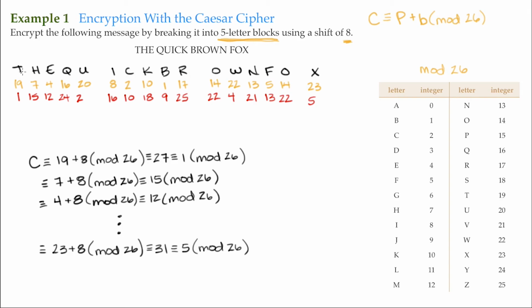So once we've made the numerical changes, we then just go ahead and do their letters. Now don't forget, if T is 19 right here and you add 8, we could easily just go 1, 2, 3, 4, 5, 6, and since it's modular, 7, 8, and here's 1, it winds up being B. Or if we started with H, and we go 1, 2, 3, 4, 5, 6, 7, 8, that winds up being 15, that's P. 12 is M. 24 is Y. 2 is C, and we fill out the rest of the text.